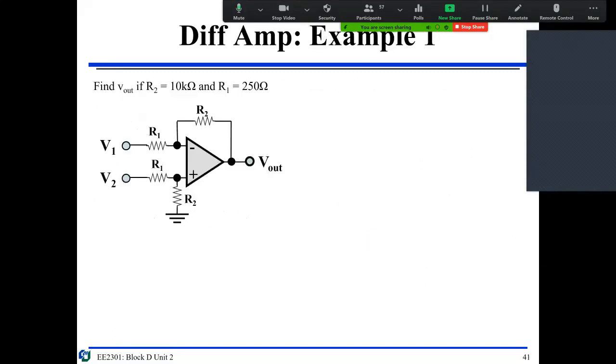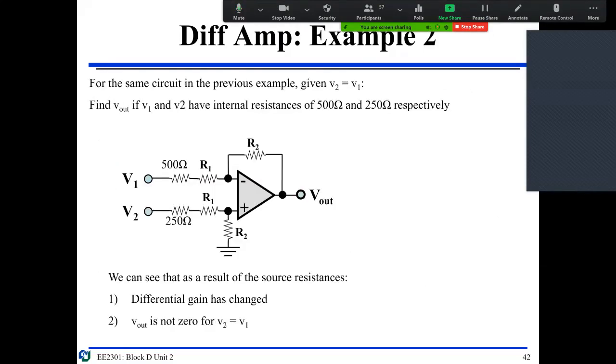So let's see an example. R1, R2 are the same. So we find out the V out if they happen to have some internal resistance. They are different.